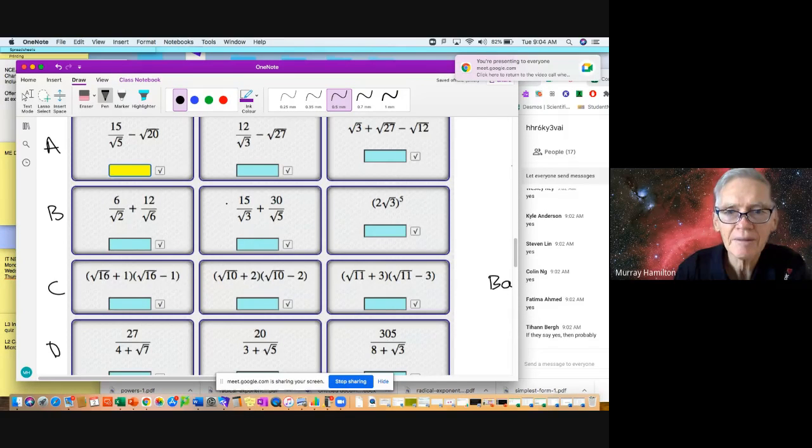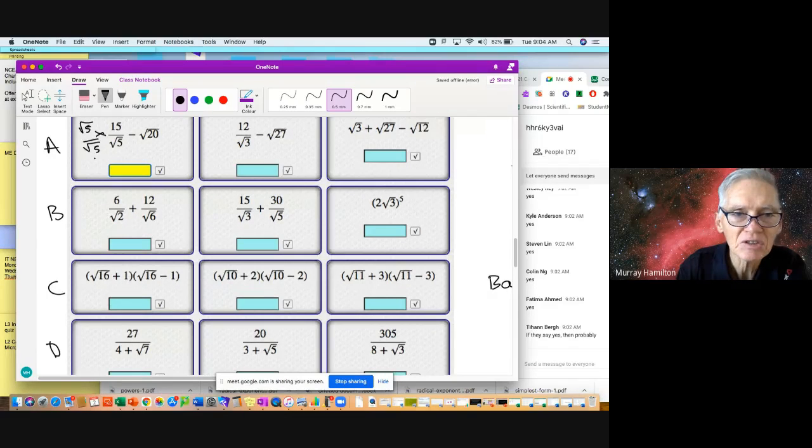What we're doing is we're trying to make these numbers rational at the bottom. So if I take this one and I multiply it by the square root of 5 over the square root of 5, that's another name for 1, so I'm not changing it.